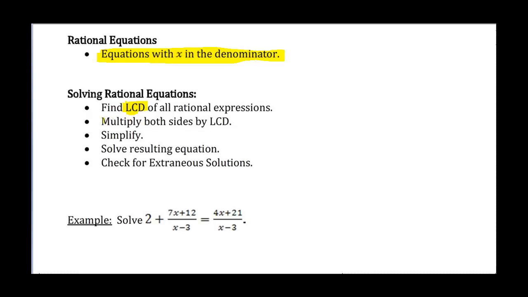After we find the LCD, we multiply both sides by that LCD, and then we simplify. Basically, these three steps allow us to clear our fractions. After we clear our fractions, we're ready to solve the resulting equation, which will be either linear or quadratic. Then we can check for what we call extraneous solutions.